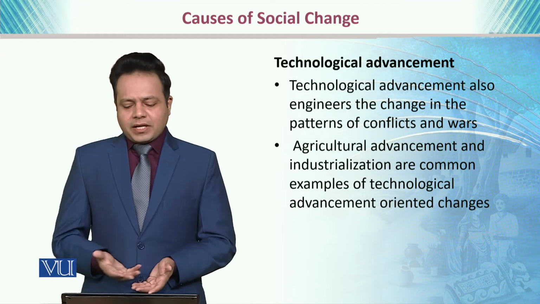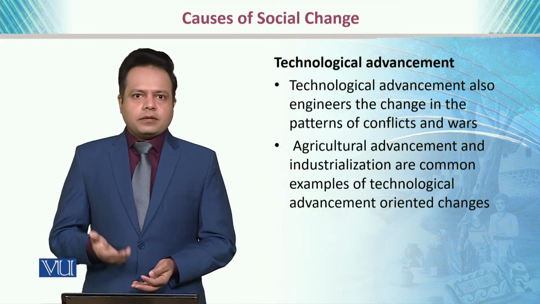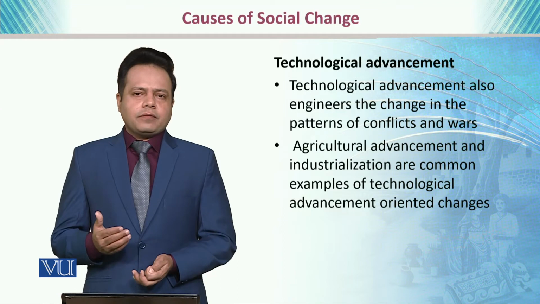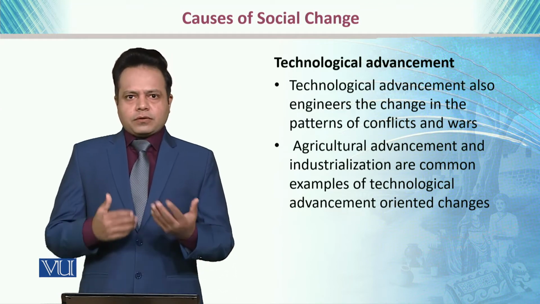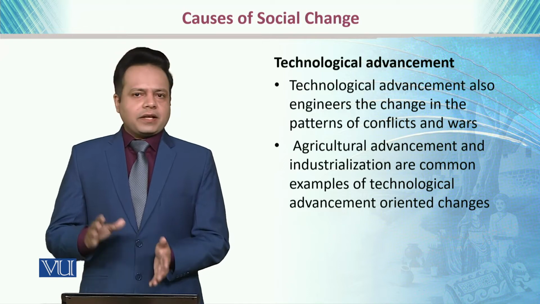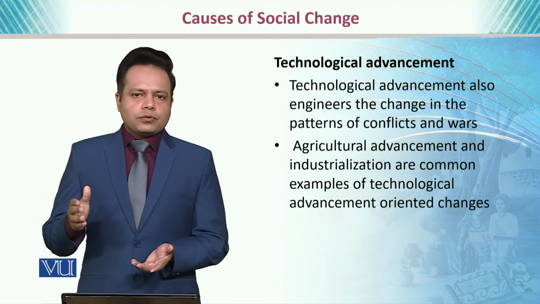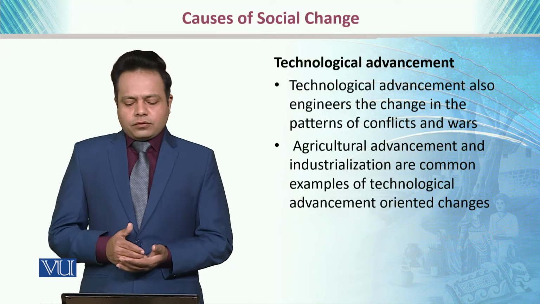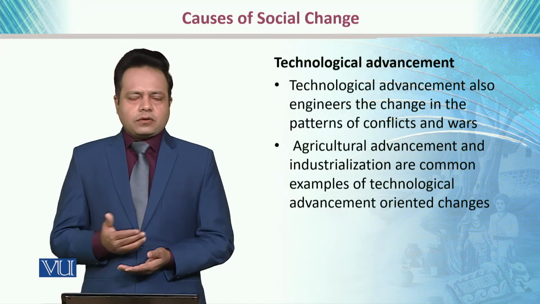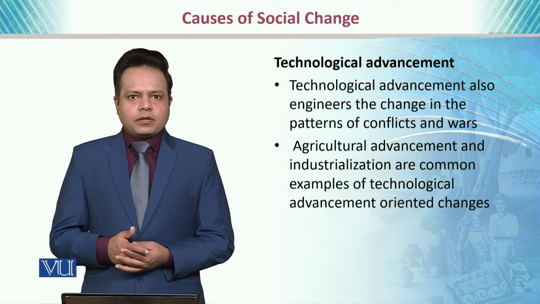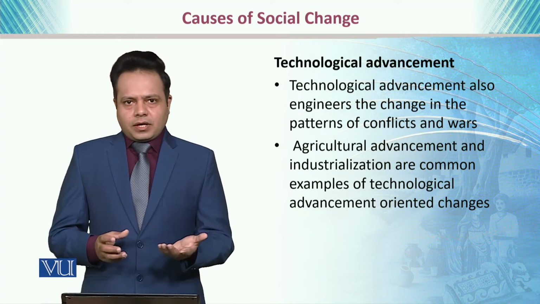You have observed that right now we are able to produce much more from the agricultural land as compared to what we have been producing in the past. And also industrialization is the common example of these technological advancements that we can see almost every day.